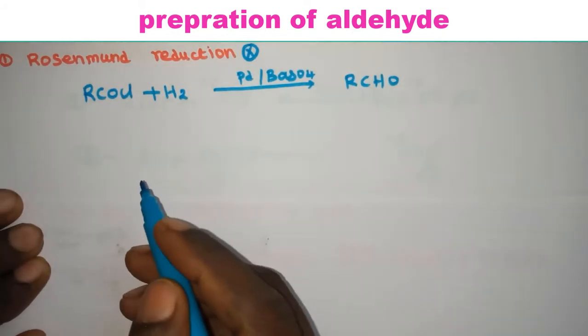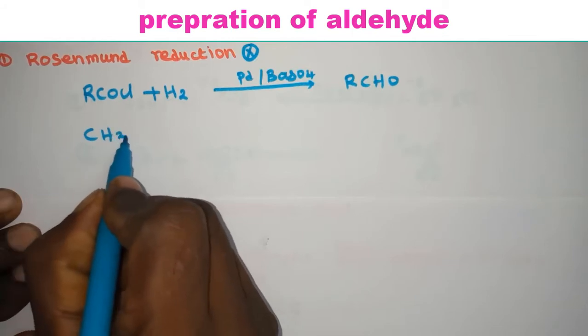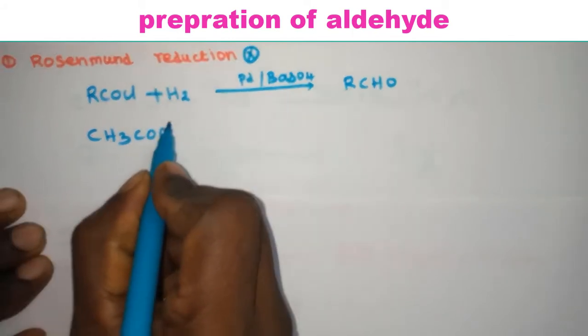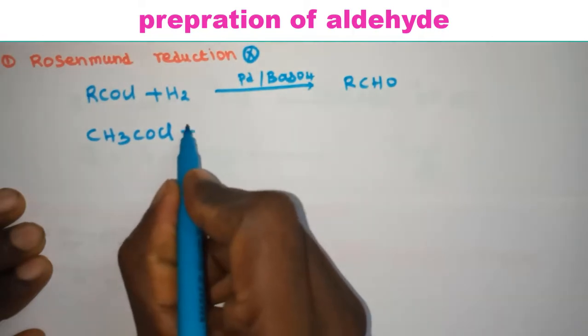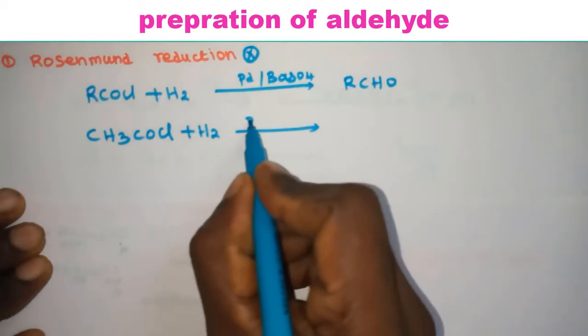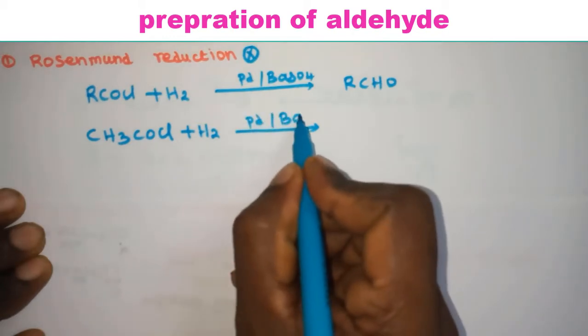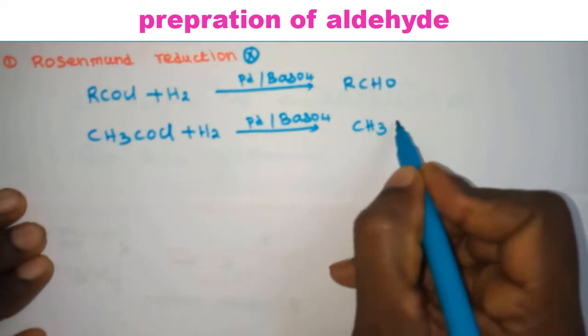One example of an acid chloride is CH3COCl. The name of this compound is acetyl chloride. On hydrogenation with Pd-BaSO4 it forms acetaldehyde, CH3CHO.